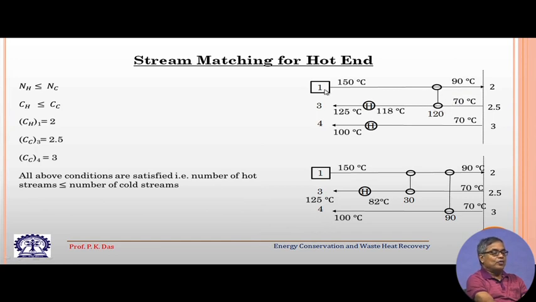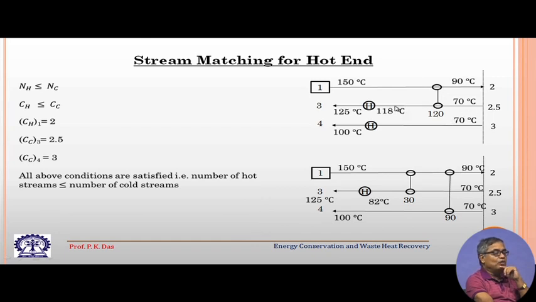By that we will be able to get the pinch temperature for the hot stream, and then we do not have to bother regarding the hot stream, because in this end the hot stream is to be cooled from 150 degrees Celsius to 90 degrees Celsius only. So, we can tick off the hot stream. This is called the tick off method.